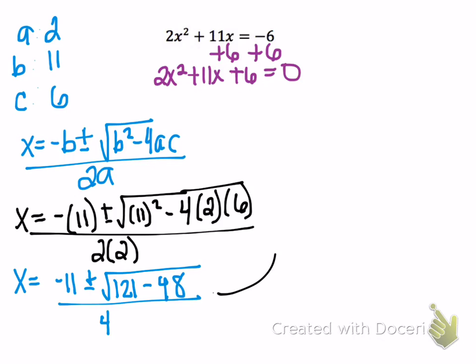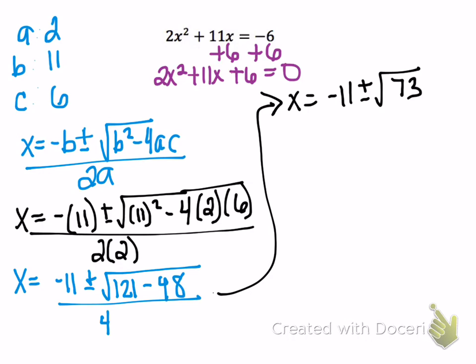I'm going to bring this up to the top now so I have a little bit more room to write. X equals negative 11 plus or minus the square root of 121 minus 48, 73, all over 4. Again, I know that the square root of 73 is not going to be a perfect square, so I can either give the decimal answer, which when you're watching this video, giving the decimal answer would be the approximate answer.